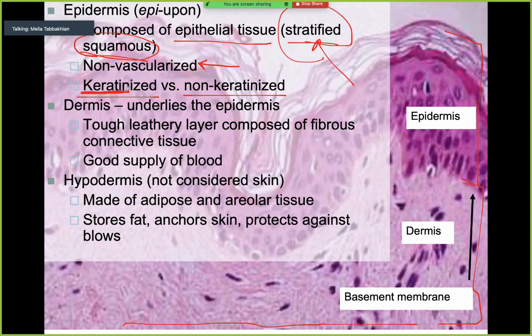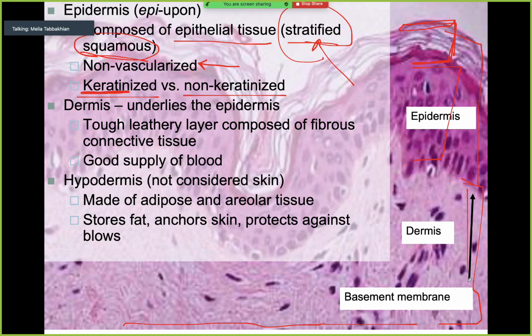Keratin is a very strong, rigid protein, and it's found in your hair, skin, and nails. So when it's found in your skin, it's there to give it some more integrity. That's going to be this layer up here. This is going to be the keratinized layer. Below it is the non-keratinized layer.